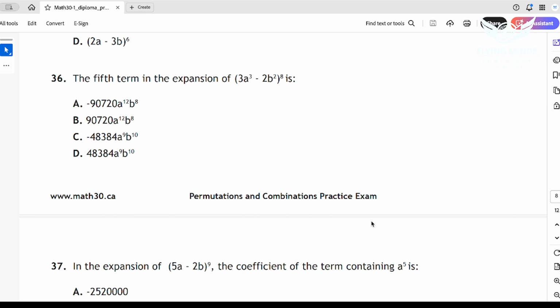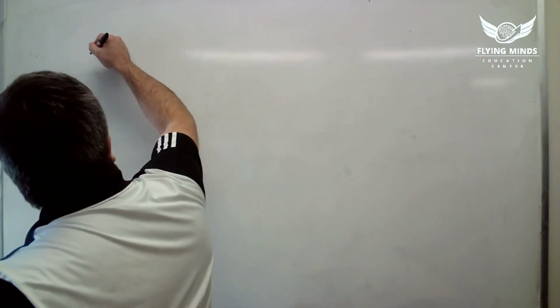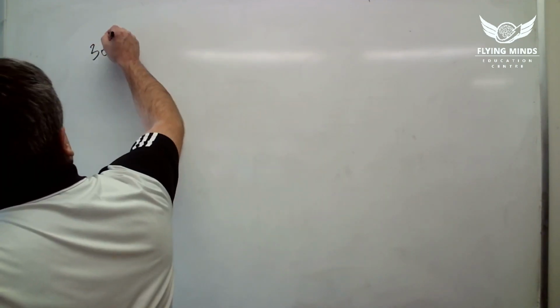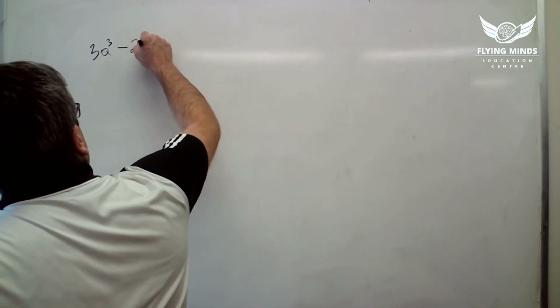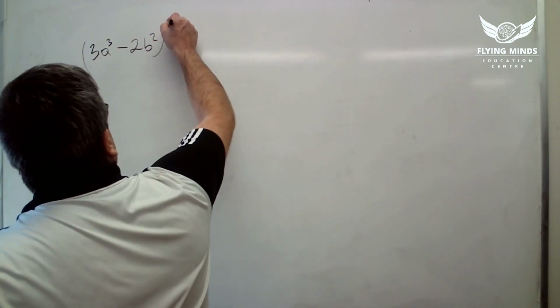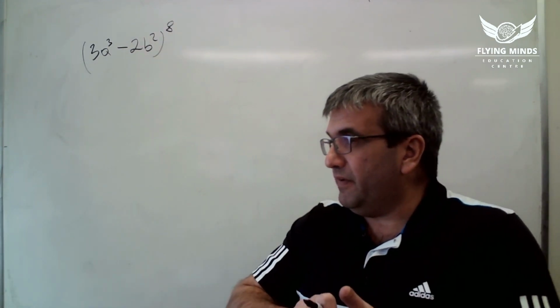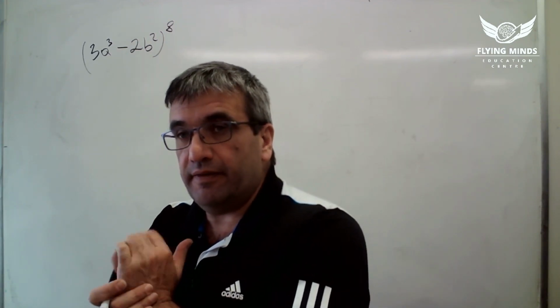The fifth term in the expansion of (3a cubed minus 2b squared) to the power of 8. With this type of expansion, how many terms are we going to have?